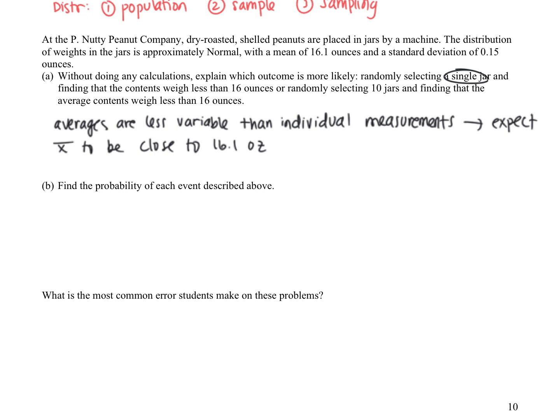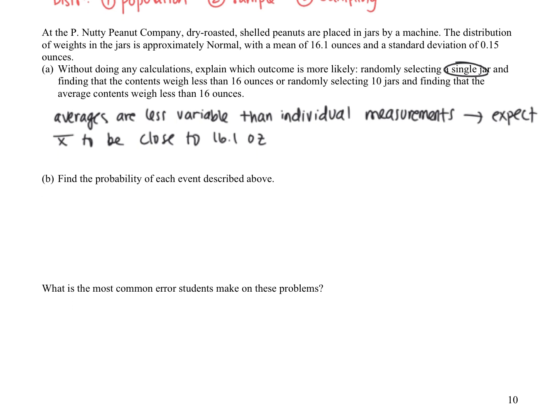So we're just going to finish these two, and then we will take a break. So we think or know really that a single jar is going to be more likely. What we're going to do is actually find the probability of each one. So we need to first find the probability that a single jar is less than 16 ounces.